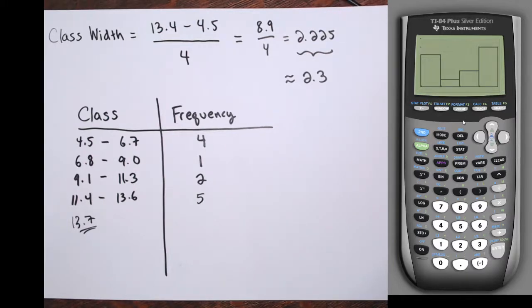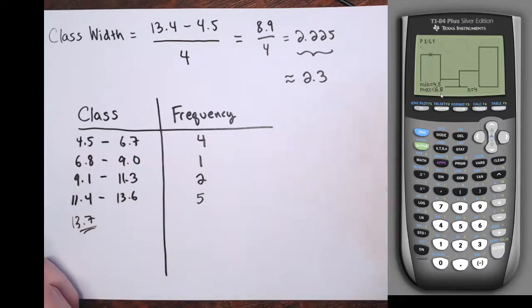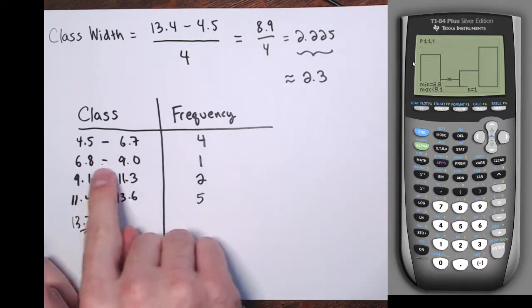Now let's hit trace, and you see the first one, from 4.5 to less than 6.8, that's the first class, and there are 4 of them. Move over, hit the right arrow, from 6.8 to under 9.1, that's 6.8 to 9.0.